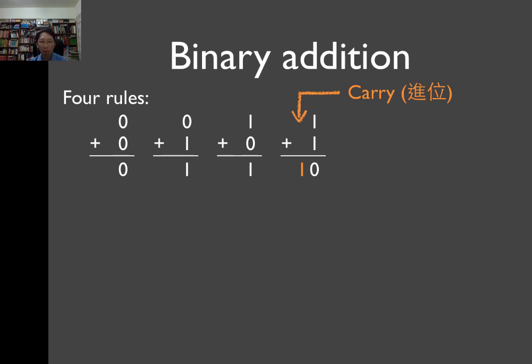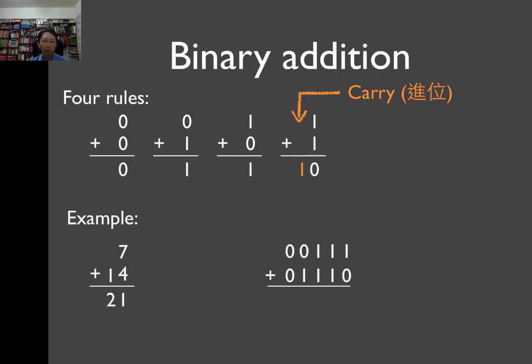For each digit there are only 4 possibilities, so we have 4 rules. In the addition of each digit, there are only 4 possibilities: 0 plus 0, 0 plus 1, 1 plus 0, or 1 plus 1. For the last one, 1 plus 1, we will have a carry.